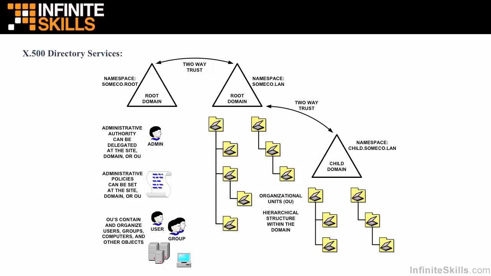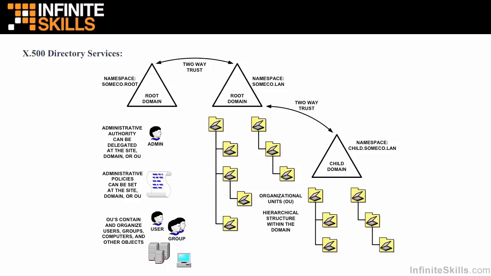Site being a physical location, domain is a logical boundary established by a namespace and then enforced by software controls. And then within that namespace, I can further subdivide that with the hierarchical structure of organizational units. And I can link these policies at any of these levels for a very granular level of control.